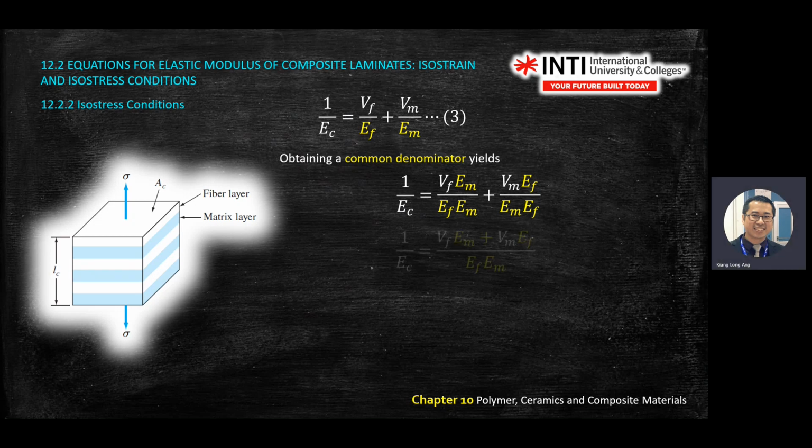Okay, so here, if you multiply already, you get EF, EM, and so on. So as you can see, this is volume fraction for fiber times E for matrix, plus volume of matrix times Young's modulus for fiber, divided by Young's modulus of fiber and matrix.